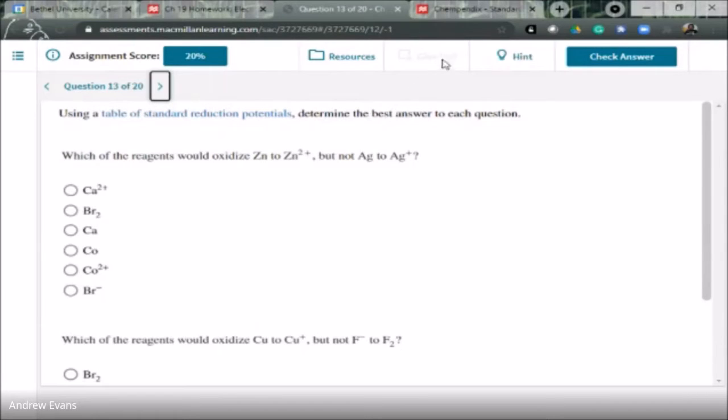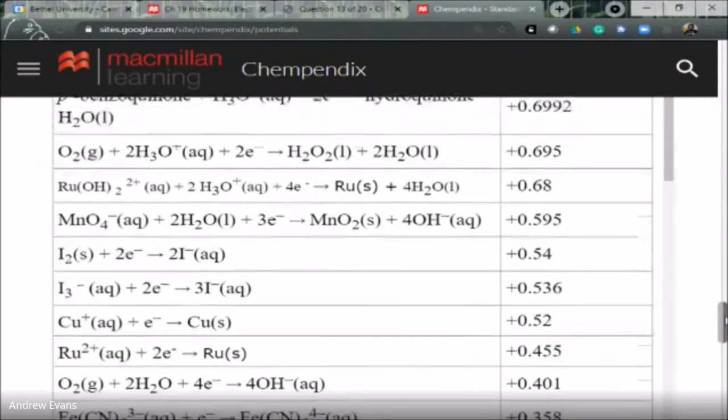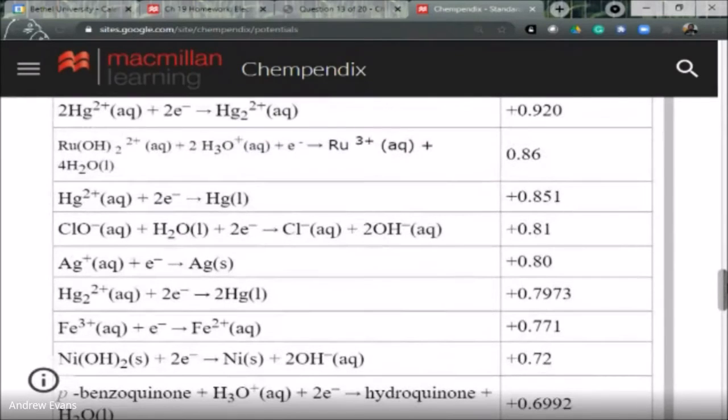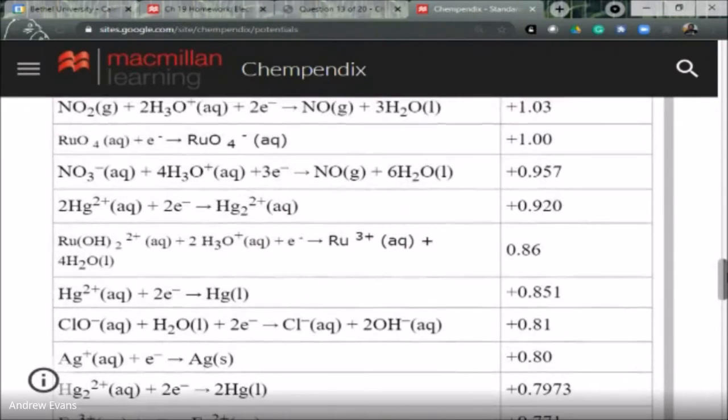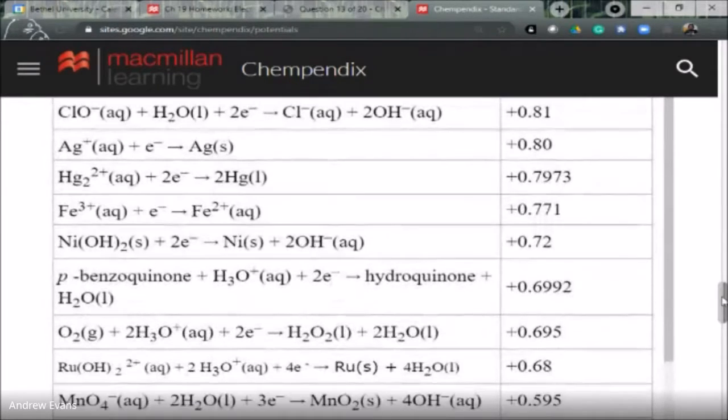If you're trying to oxidize, you're trying to find something that is between the silver and the zinc. So silver was right here, and you're trying to find the reduction reaction.